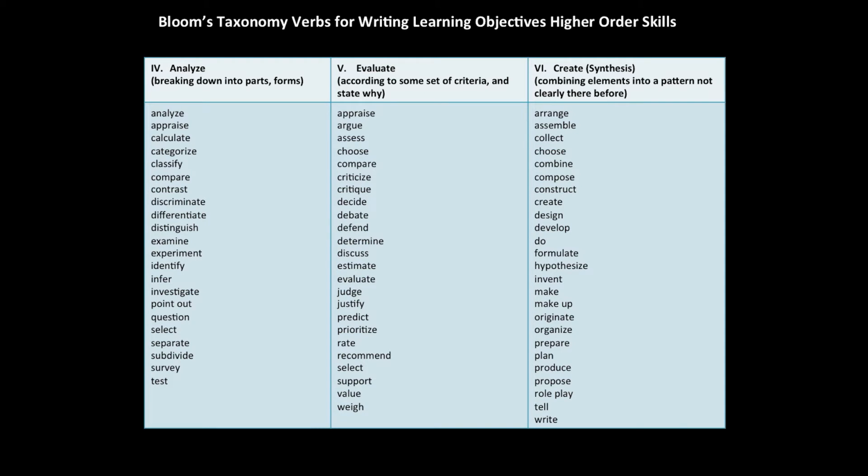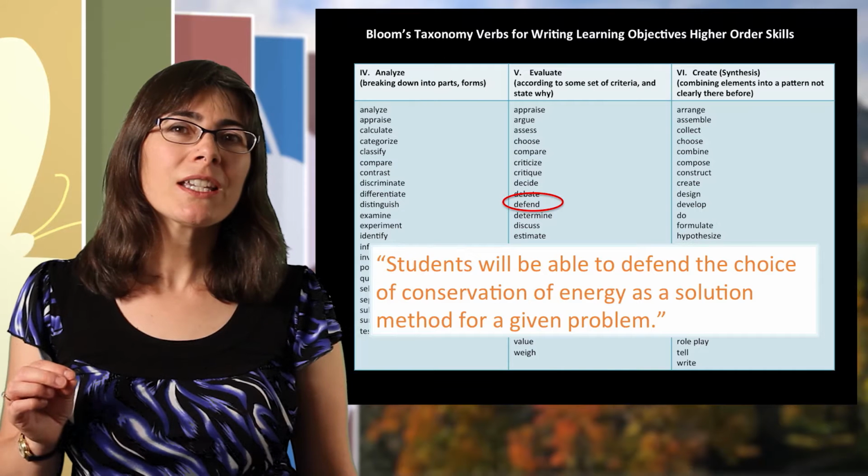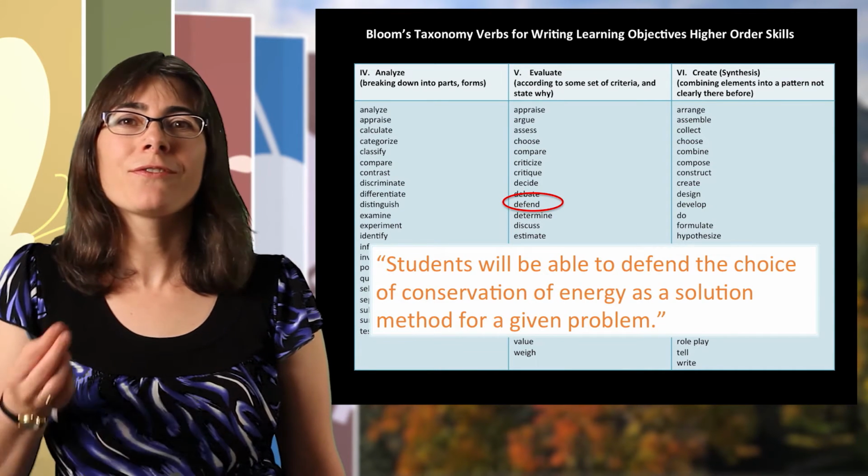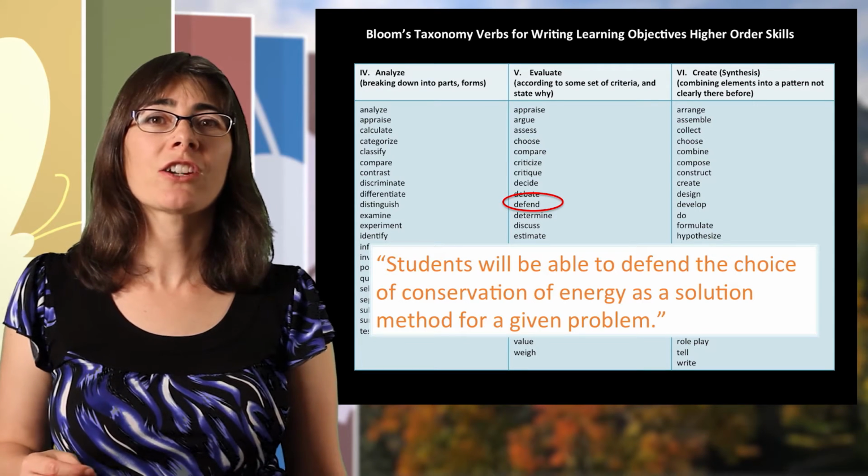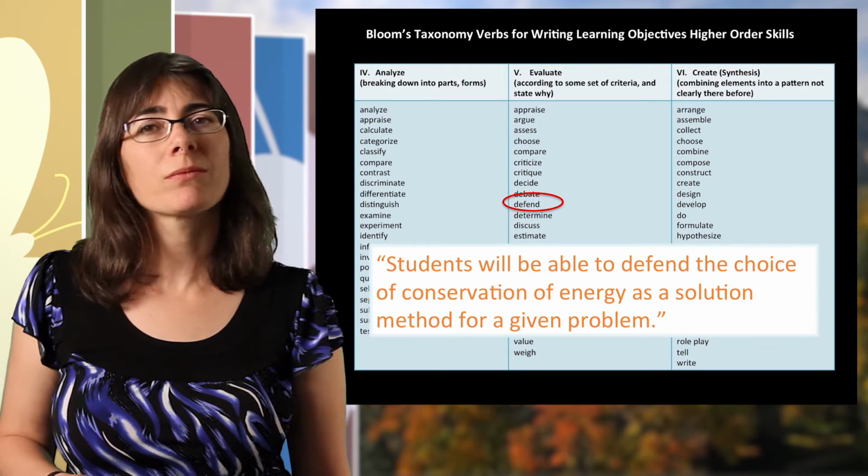So in this case, I want students to be able to defend something. So how might I do that with conservation of energy? Maybe students will be able to defend the choice of conservation of energy as a solution method for a given problem. So, using verbs that have a clear meaning can be very helpful in making your objectives very specific.